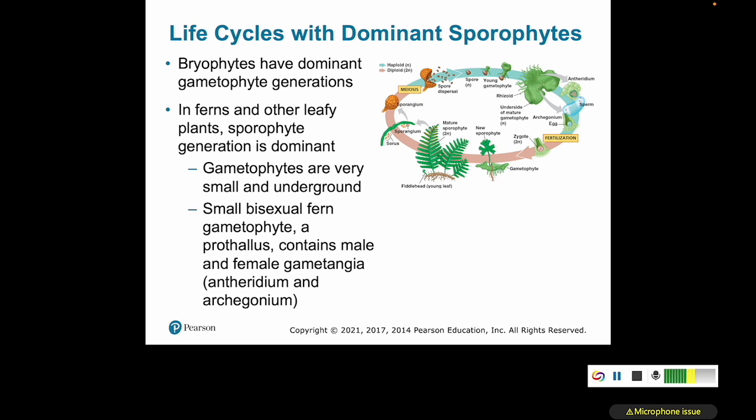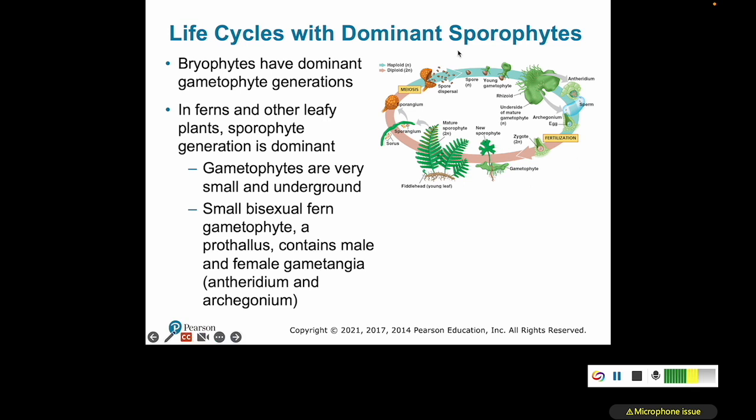So bryophytes have dominant gametophyte generations. So if you look at this, can you find where the gametophyte is? So the gametophyte would be here. But ferns and other leafy plants, the sporophyte generation is dominant. The sporophyte would be here, what produces a spore. The gametophytes are very small and underground.